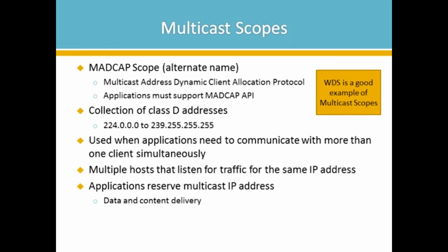And it's all about data and content delivery. Now, you might create multicast scopes for video broadcasts or PowerPoint broadcasts or any of those live meeting broadcasts, but even WDS. So when you have Windows Deployment Services, it can technically push out a new image to be rolled out to more than one client at the same time. So again, it's another example of a multicast scope.